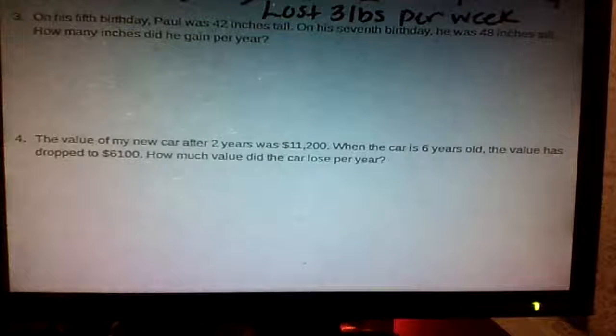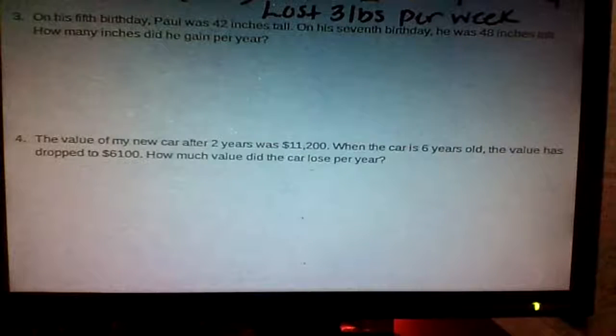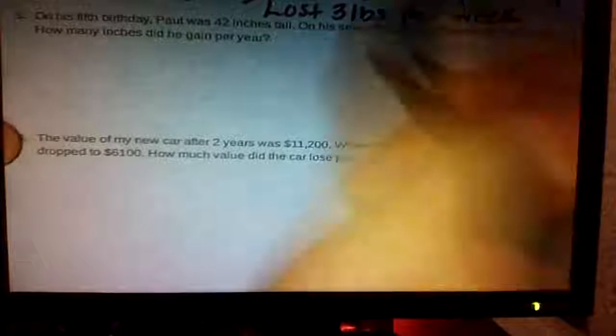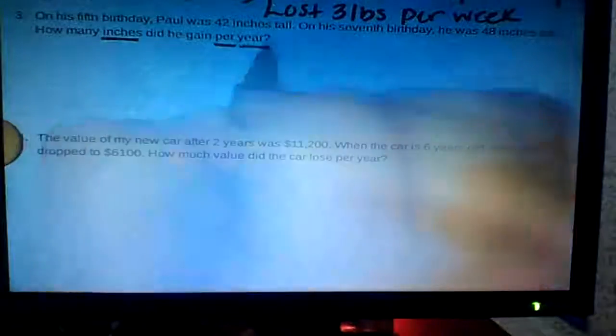On his 5th birthday, Paul was 42 inches tall. On his 7th birthday, he was 48 inches tall. How many inches did he gain per year? What goes on top? Change in inches. Inches per year.